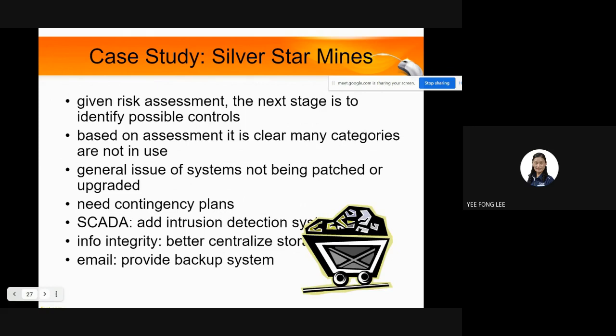Some other controls could include configuration management policies and procedures. They need to perform periodic maintenance, and malicious code protection, spam and spyware protection are also included.